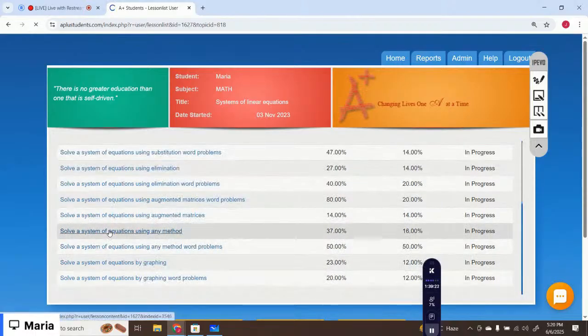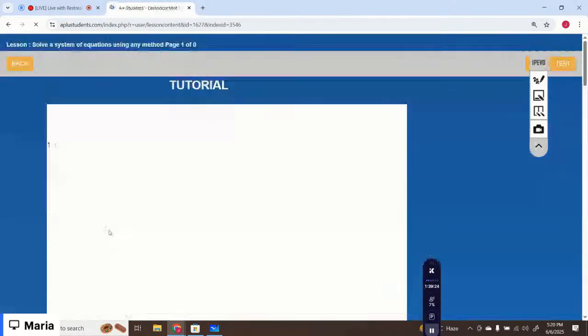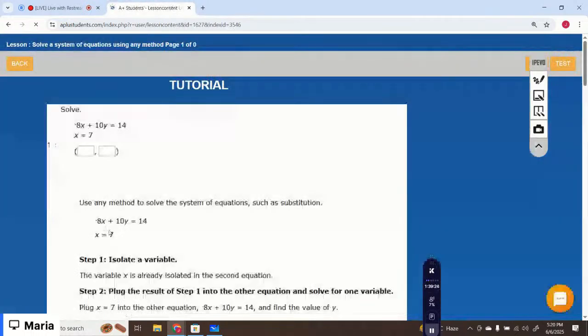Solve the system of equations using any method. So now, whatever way you can find, you can solve the question, right? And also that depends on the question, which way is written in the equations.